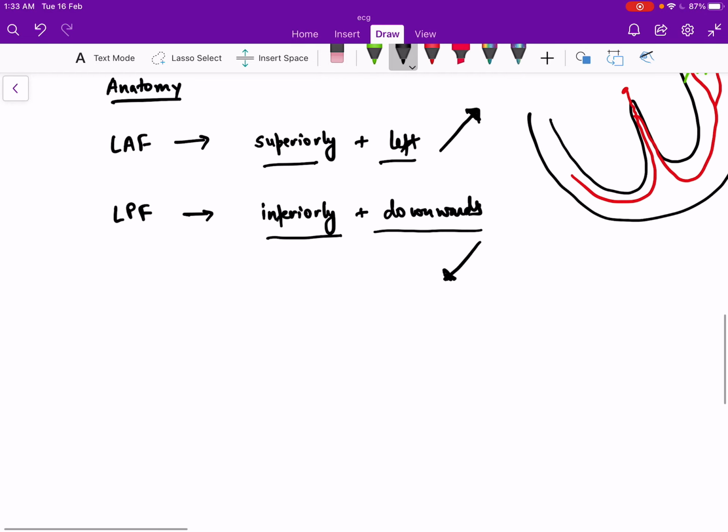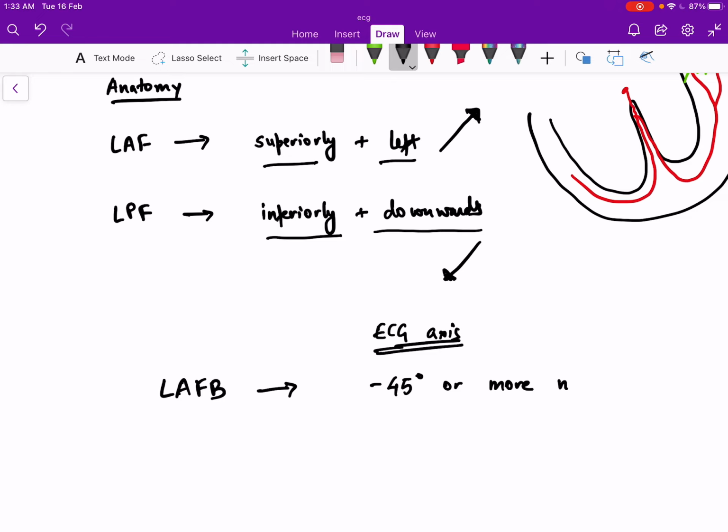And on ECG, the left anterior fascicular block gives the ECG axis of minus 45 degrees or more negative, whereas the left posterior fascicular block gives us an ECG with the axis of plus 120 degrees or more positive.